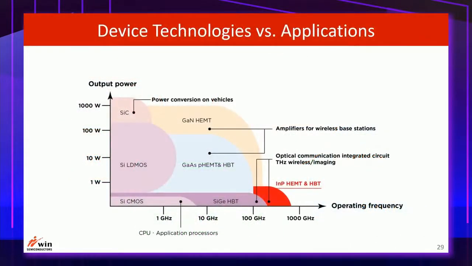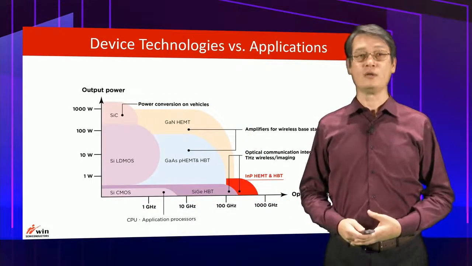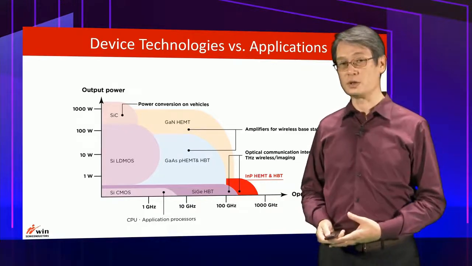This slide provides a plot of output power versus operating frequency for RF applications for various device technologies and the associated applications. There is no single technology that is good for every application. Therefore, the right device technology has to be carefully chosen for the targeted application.